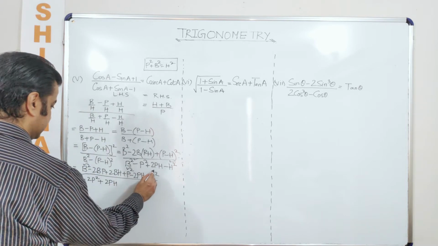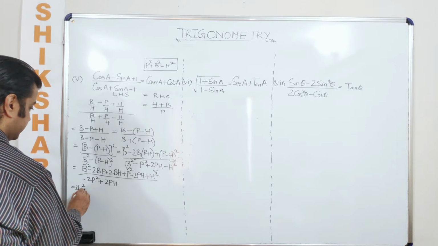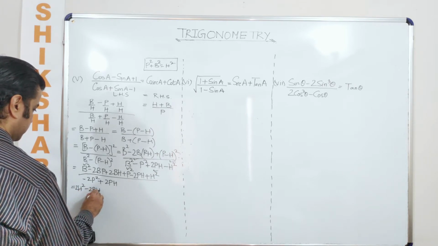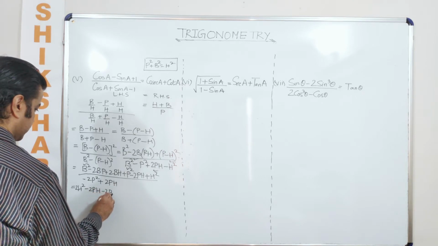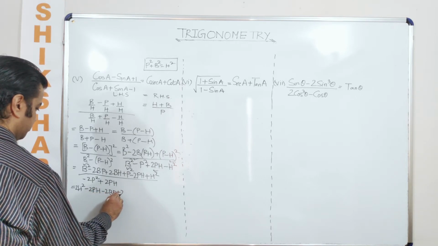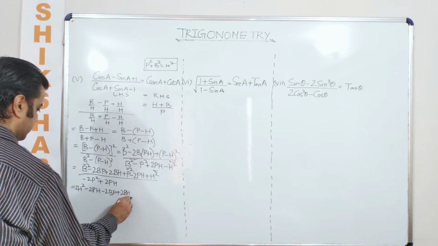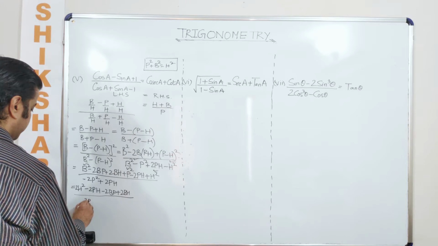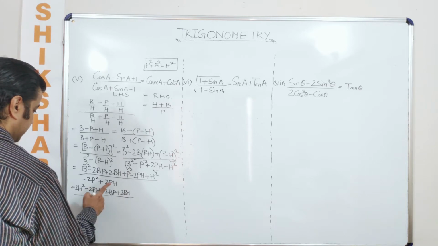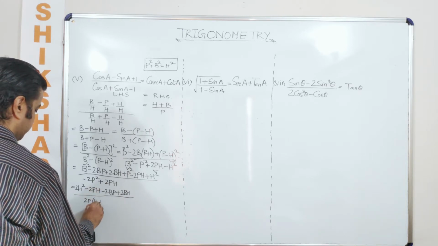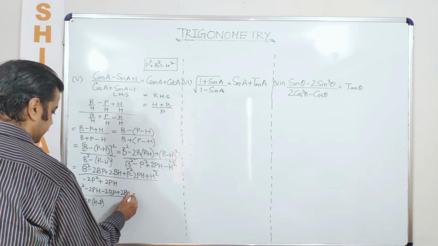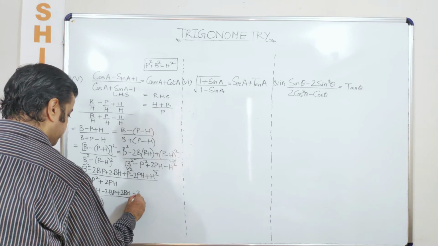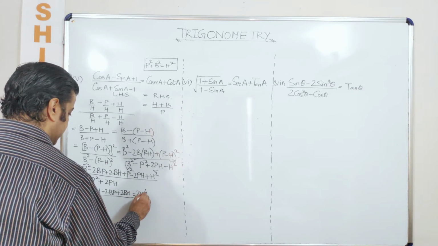So I have taken this and this, minus 2ph, minus 2bp, plus 2bh, divided by, now if I take 2p as common in the denominator, I get 2p into h minus p. From the numerator also I need to get a common factor as h minus p. So if I take 2h as common, I get h minus p.